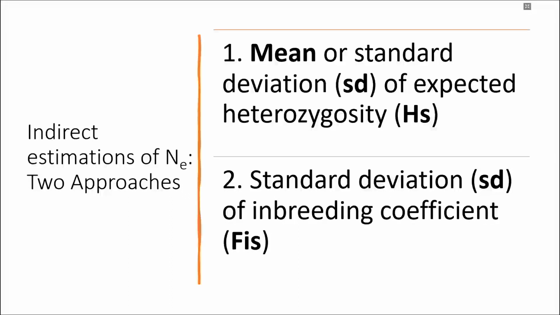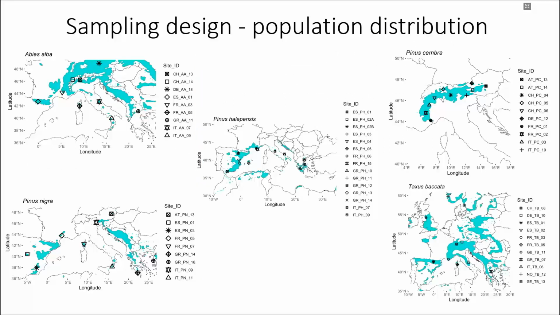Before moving into the theoretical aspects of these two approaches, I will briefly explain you how we got the empirical data set. So this sampling design is coming from the Gen3 Horizon 2020 project, and here I used 5 different populations, and in these maps you can see the geographical distribution of the species and where our populations are located.